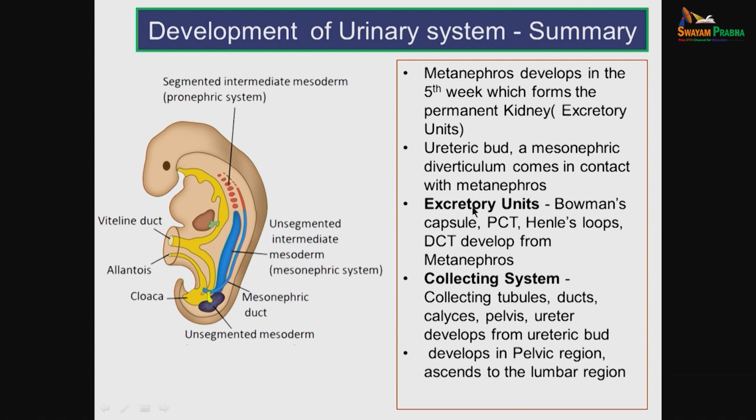So, there are two sources of development: one is the metanephros and another is the ureteric bud. As mentioned earlier, the kidneys develop in the pelvic region, then ascend to the lumbar region, and when they ascend, the hilum which was facing anteriorly will rotate and face medially in adults. That is called rotation of the kidney.